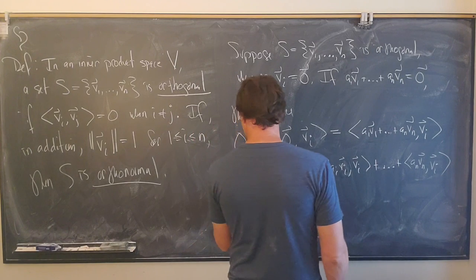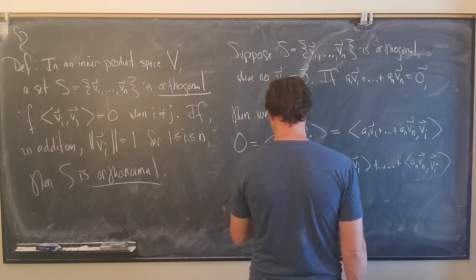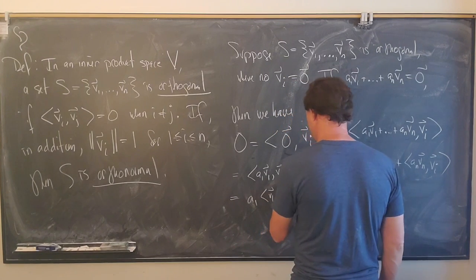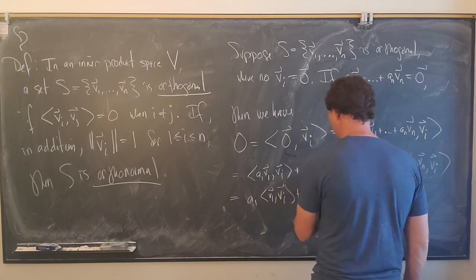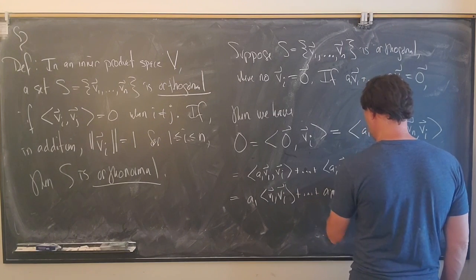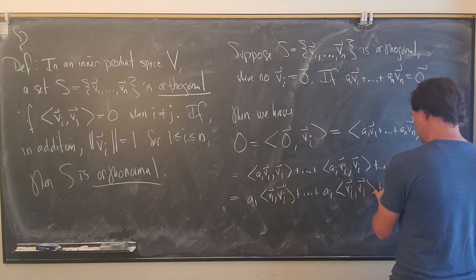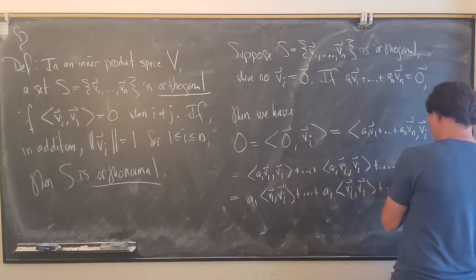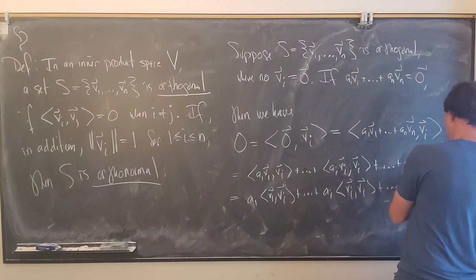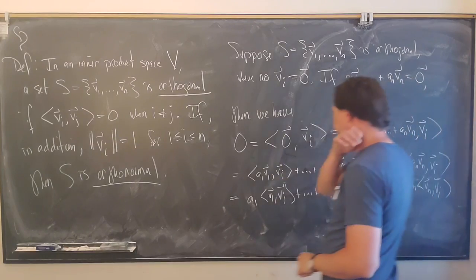Okay, now we know that we can pull constants out, so this will be a1 times the inner product of v1 with vi plus dot dot dot plus a sub i times the inner product of v sub i with v sub i plus dot dot dot. Pull out the a sub n, and we'll have the inner product of v sub n with v sub i.